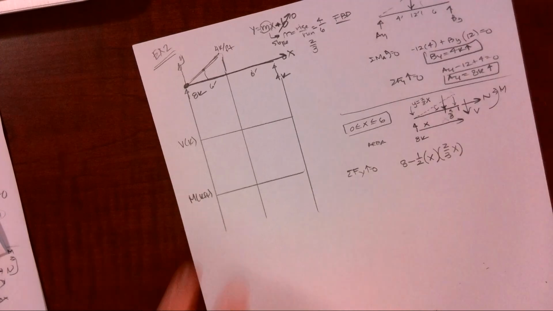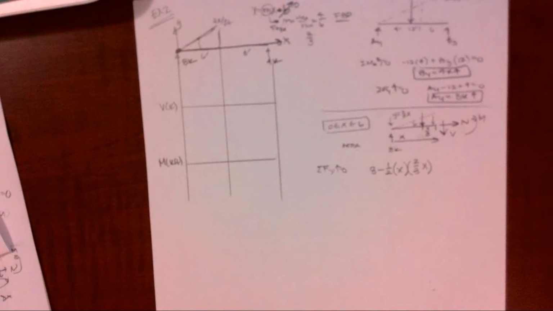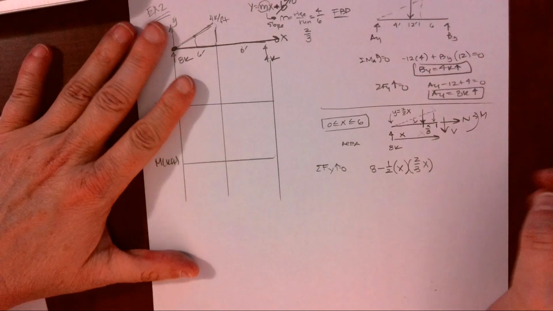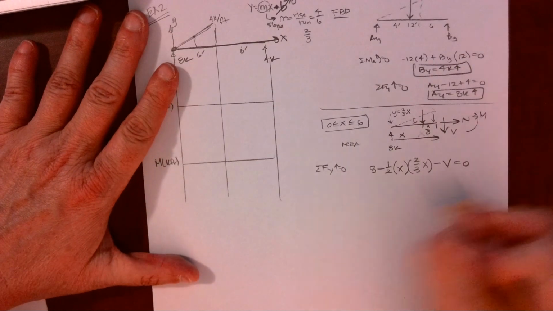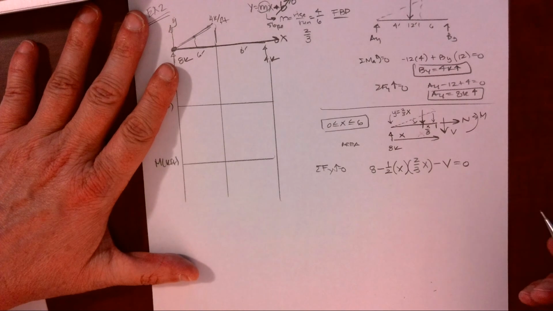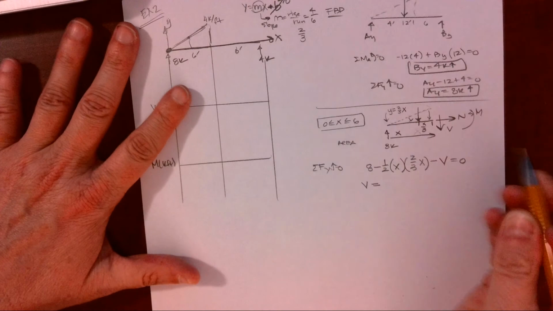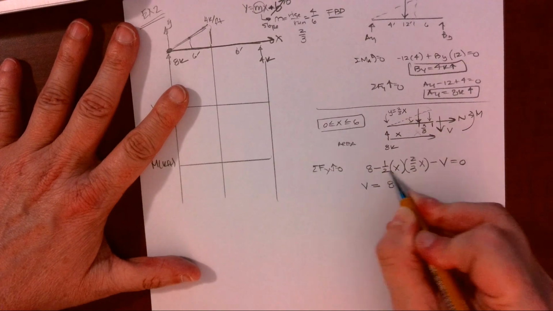So I can find the area of that triangle as it pertains to x, the position we are down the length of the beam. Minus V, again, positive V down, negative according to my convention of up is positive. So we get our shear: move the V over, and we get V equals 8 minus x squared over 3 kips.